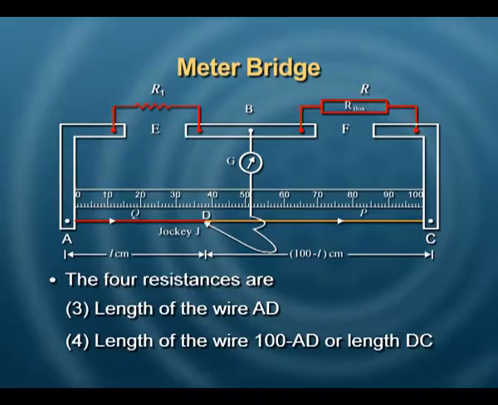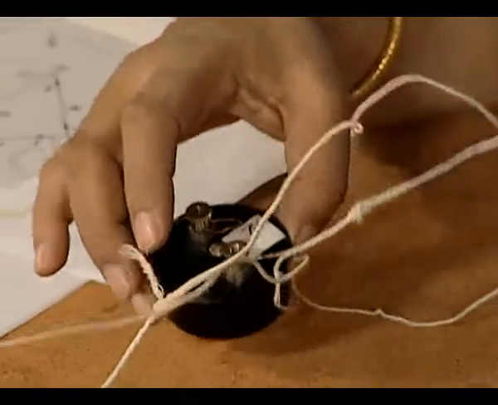So, you satisfy the condition for a balanced Wheatstone bridge the moment there is 0 deflection in the galvanometer, because you have the ratio of these resistances being the same. This can be utilized for finding out the value of any resistance for which we do not have the exact value, by just using a known resistance.